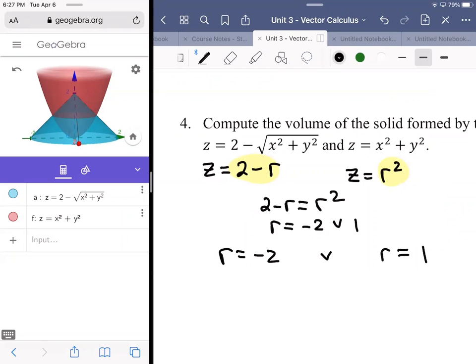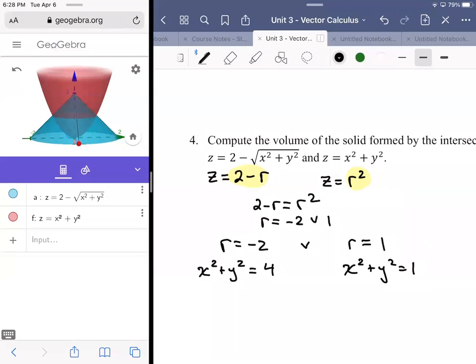This one translates to x squared plus y squared is equal to 4, and this one translates to x squared plus y squared is equal to 1. We're not going to have any domain issues with the x and y values, because no matter what you put in for x and y in the original function, you're going to get something positive because the sum of squares is always positive. So we're not worried about anything being undefined.